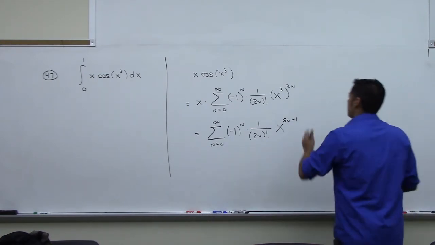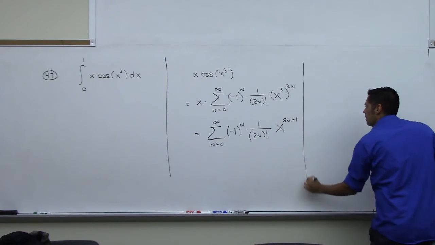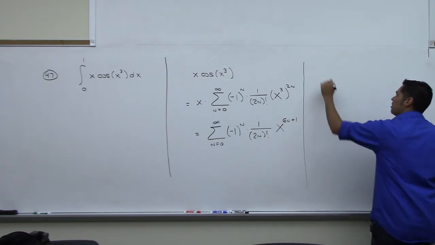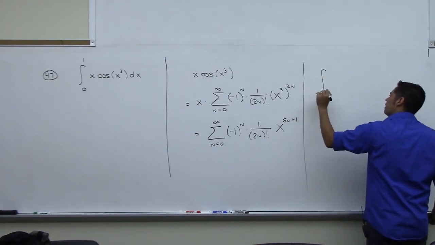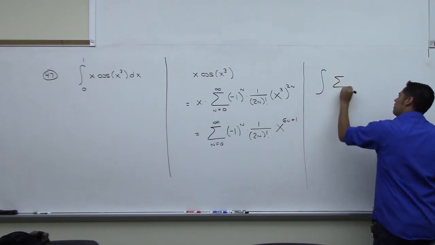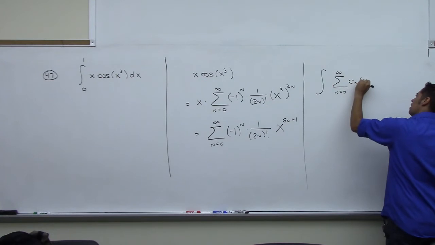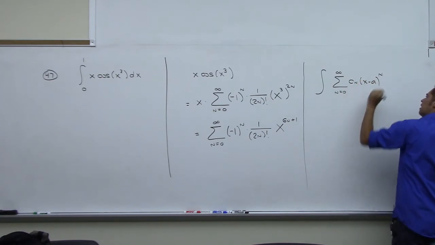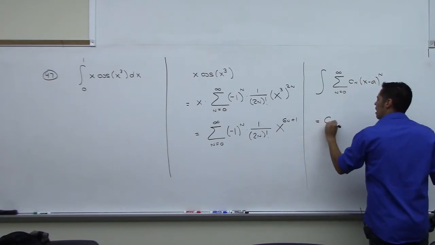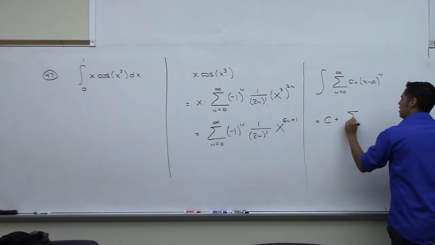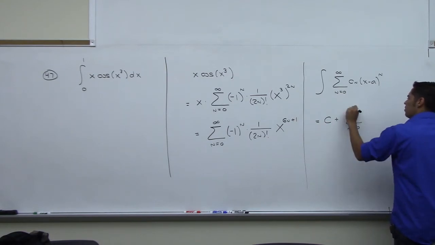To integrate this, remember that I'm using the fact that the antiderivative of the sum n equals 0 to infinity of c sub n times x minus a to the n is equal to some constant plus the sum n equals 0 to infinity.